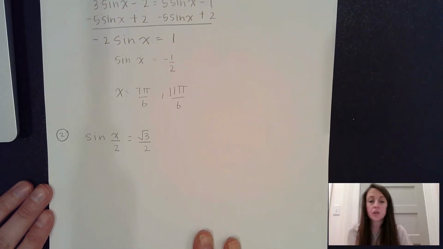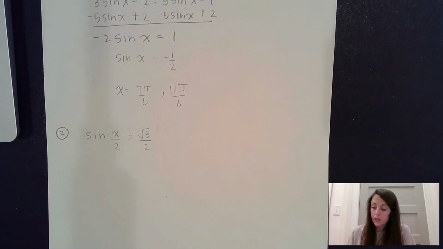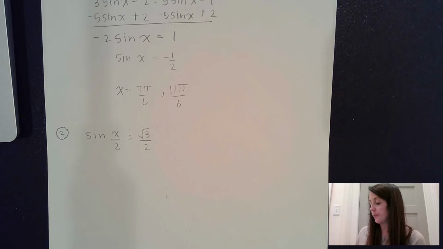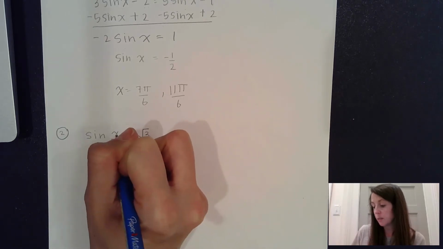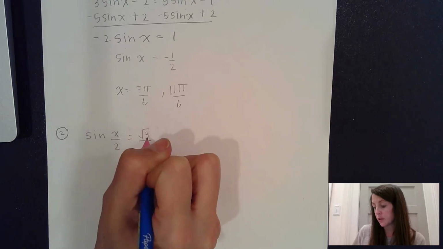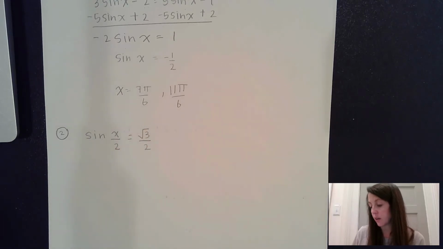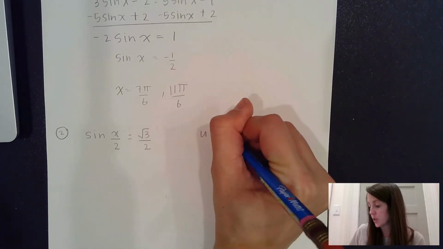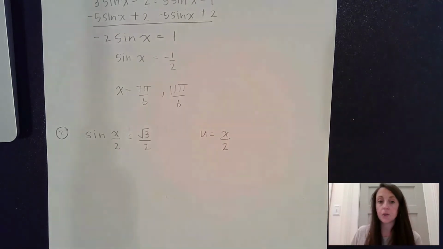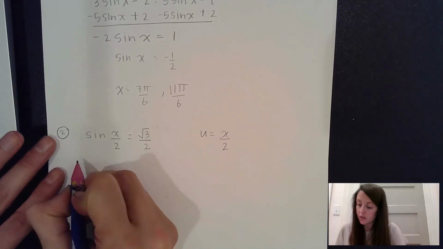Okay, so I want you to try to solve this one for the same reason here. Think about it, it's in between 0 and 2 pi. Here, this is the half angle, so some angle divided by 2 is going to give me square root of 3 over 2. I'm going to do some substitution and let u be equal to x divided by 2.